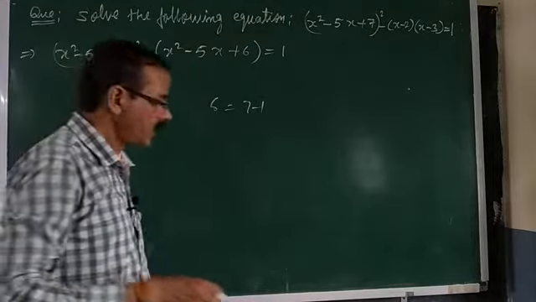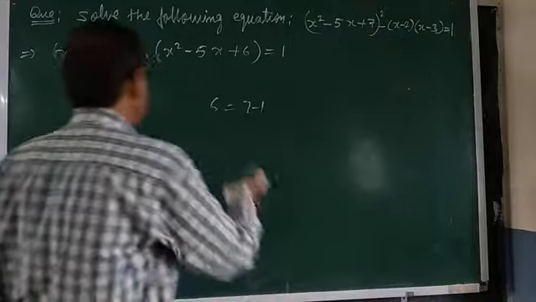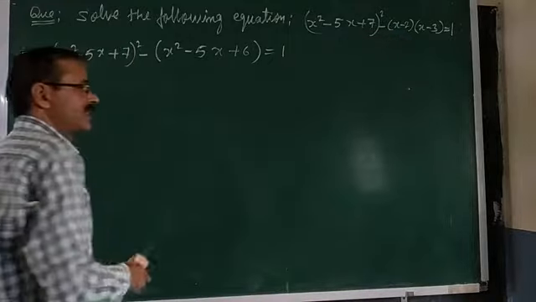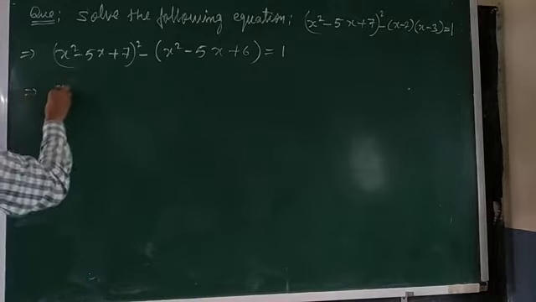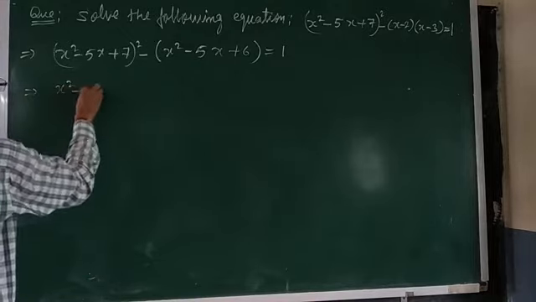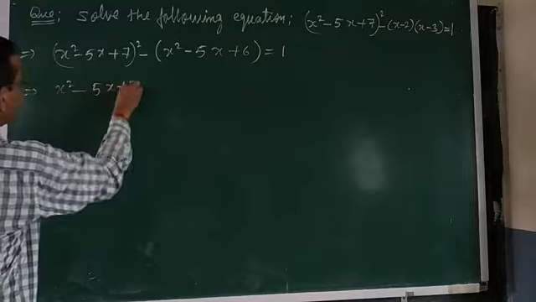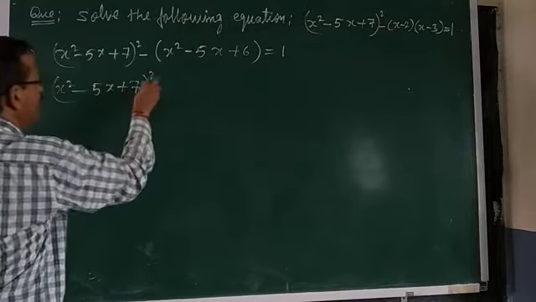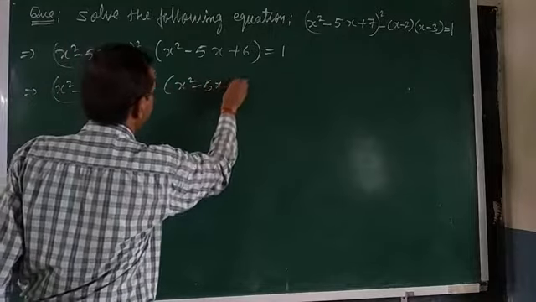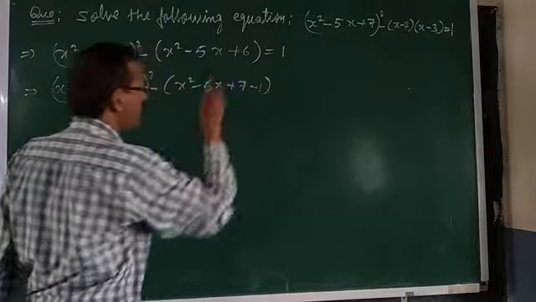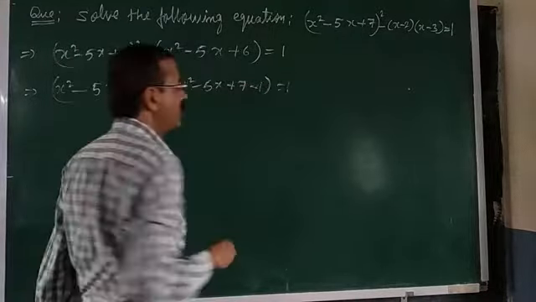So we can write 6 is equal to 7 minus 1. So this will be equal to (x square minus 5x plus 7) whole square minus (x square minus 5x plus 7 minus 1) is equal to 1.